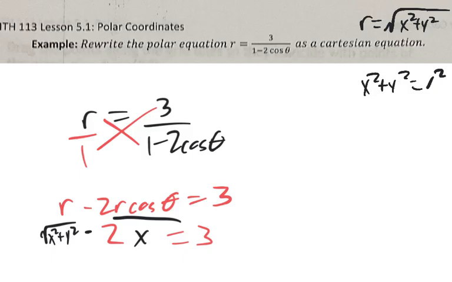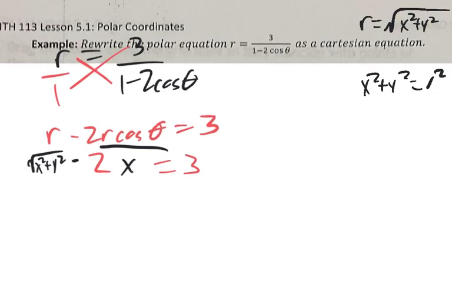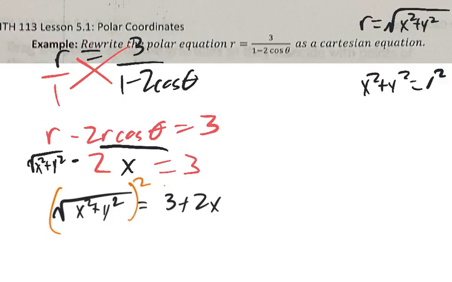I want that radical gone, so I'm going to isolate the radical, which gives me the square root of x squared plus y squared equals 3 plus 2x. The radical is isolated. How can I get rid of square rooting something? I square both sides.